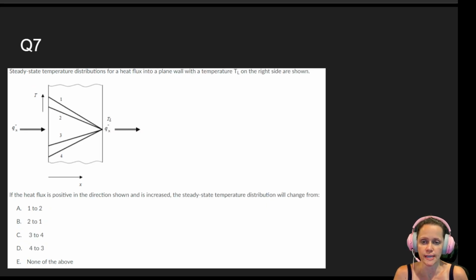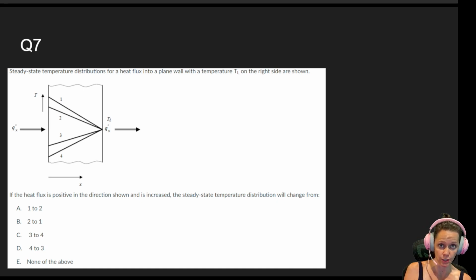All right, question 7. So you've got a plane wall, and 1, 2, 3, 4 all show different temperature profiles. If the heat flux is positive in the direction shown and it's increased, the steady state temperature distribution will change from, well, if it's positive, and you know that q goes in the direction of decreasing temperature, then option 3 and 4, option C and B, it can't be those.